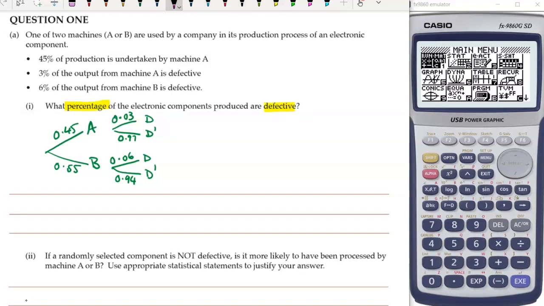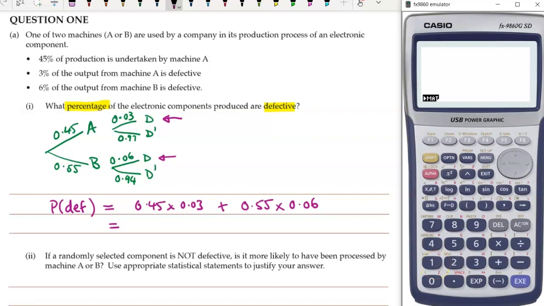So let's take a look at how we can get that as either machine A and defective or machine B and defective. So the probability of defective is going to be 0.45 times 0.03 for that top line, and then add on the option B of 0.55 times 0.06.